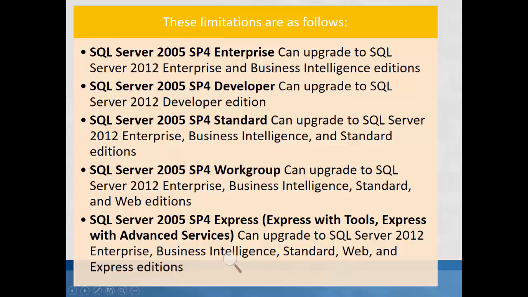We should have this list when we are trying to upgrade. This is our homework. As a system admin, we should have done this homework, to know which Service Pack can upgrade to which 2012, or which older SQL Server Service Pack level can upgrade to this newer SQL Server.